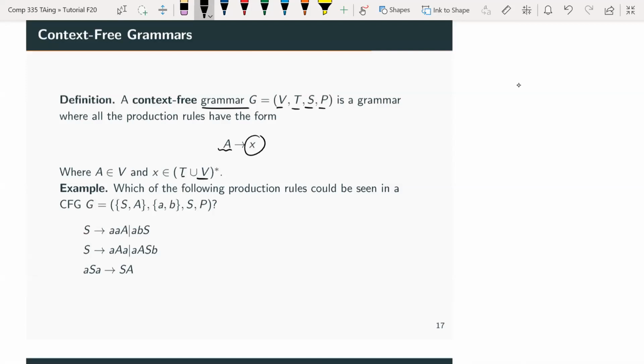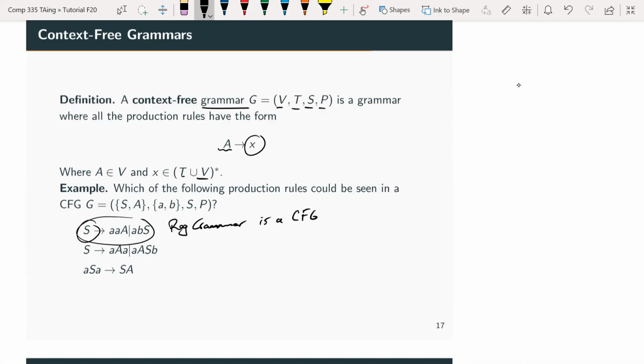So for example, I can say S gives me AAA and ABS. So this is also regular. A regular grammar, as you probably already guessed, is a context-free grammar, clearly.